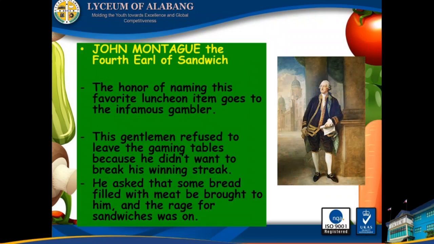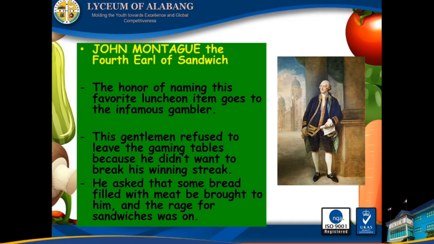John Montagu, the 4th Earl of Sandwich, was a hardened gambler and usually gambled for hours at a time at this restaurant, sometimes refusing to get up even for meals. It is said that he ordered his valet to bring him meat tucked between two pieces of bread.